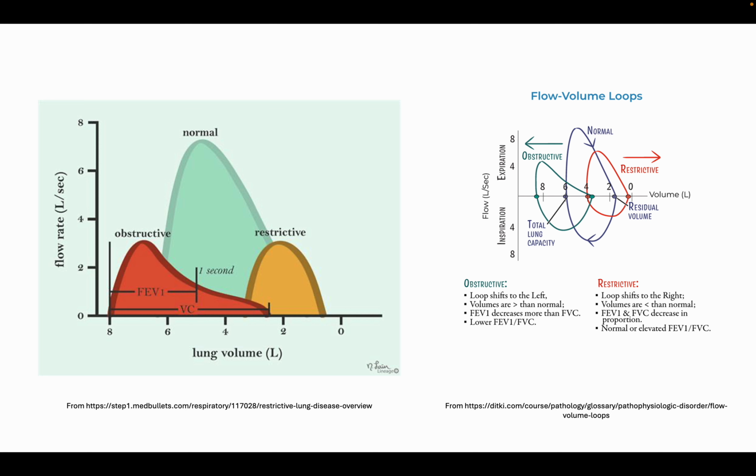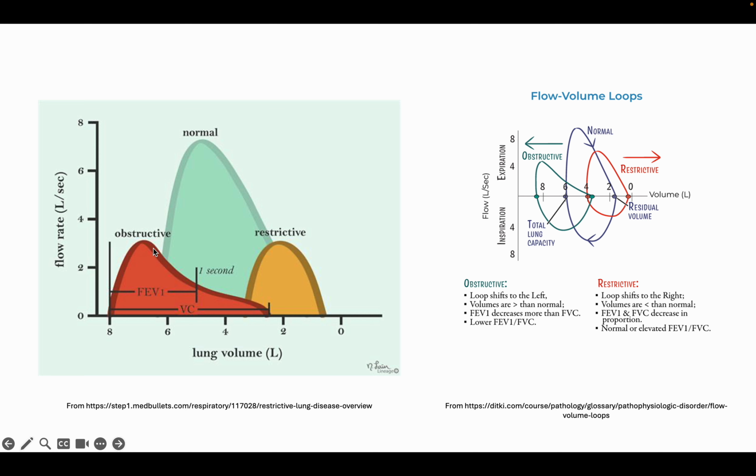And in that case, structural damage to the lung makes the airways floppy. And when you try to blow air out, the lungs collapse on themselves. And you can't blow air out because they're blocked. And so the expiratory portion of the curve is lower because the peak flow is not nearly as robust as in someone with healthy lungs.